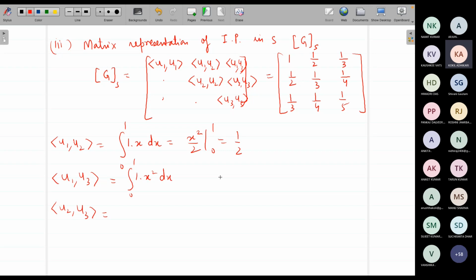One more thing. If I want to expand a generic vector, I am giving you a generic vector 3x squared plus 2, and I want to write down my component vector. What was the component vector, by the way?